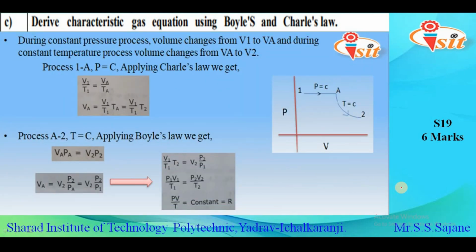is equal to constant. But since they have asked in the question to derive the characteristic gas equation, one more step we have to add here. Instead of writing constant on the right hand side, we will take the denominator of the left hand side, that is temperature, to the right hand side, and the constant we will represent as capital R, which is the characteristic gas constant.